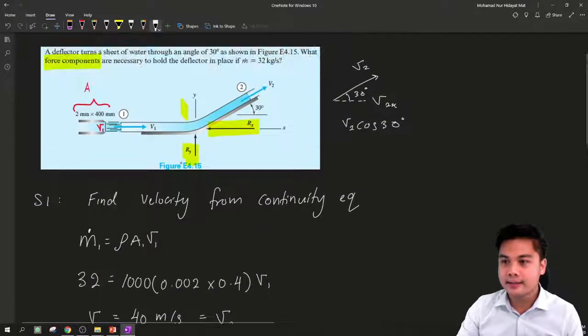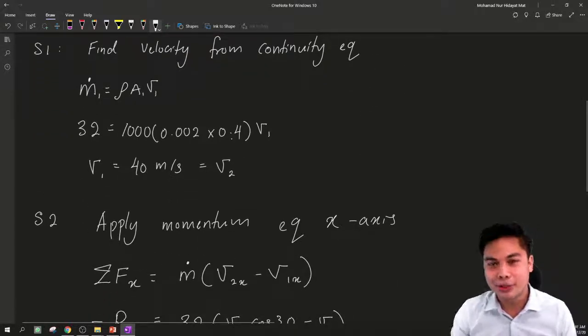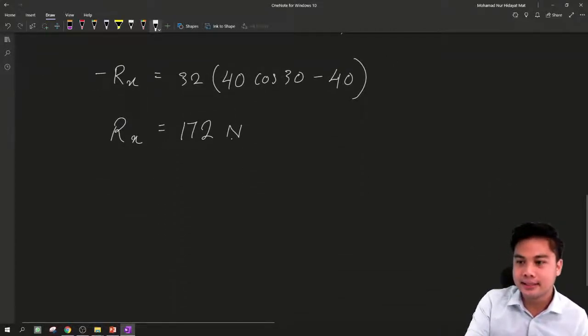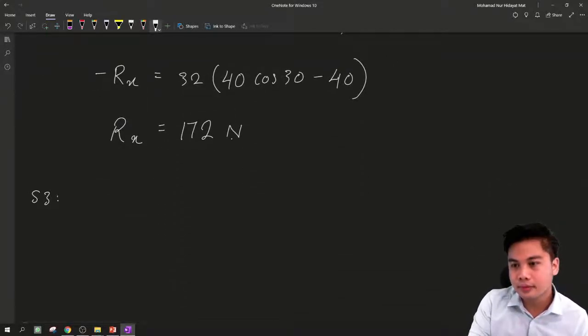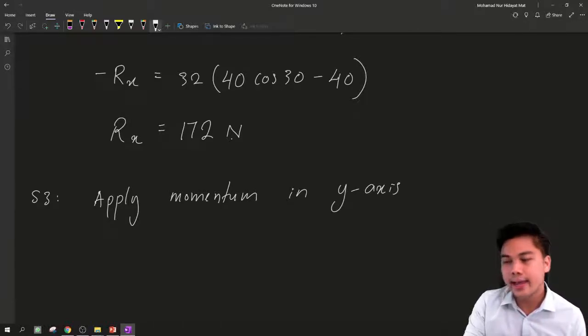Now we have found Rx. How about Ry? We can apply the momentum equation again in the Y component. So step number 3, apply the momentum equation in the Y component, or Y axis.